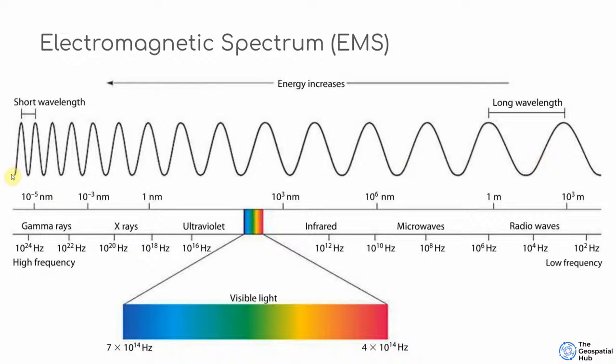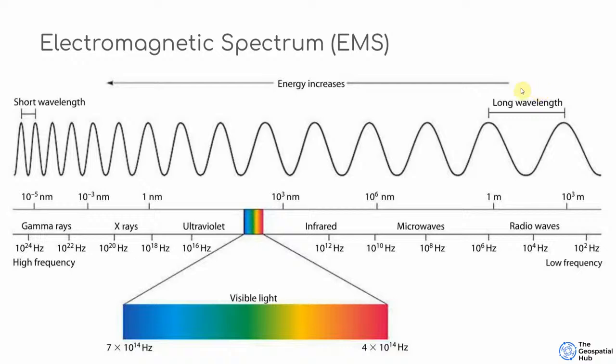And if you notice, the shorter wavelengths have higher frequency. Look at the shorter wavelengths, the frequency here is quite high. Then it goes down, and the frequency becomes lower.